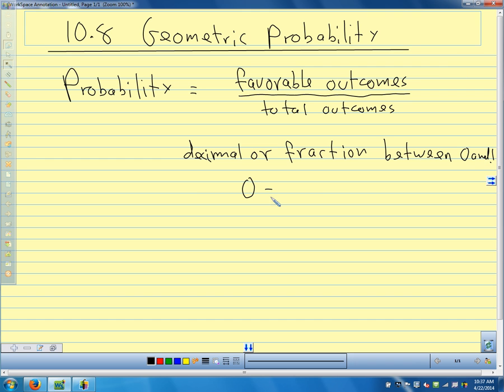What does a probability of 0 tell us? What does that mean? It can't happen. It's impossible. And a probability of 1 means guaranteed. It's certain. It has to happen.